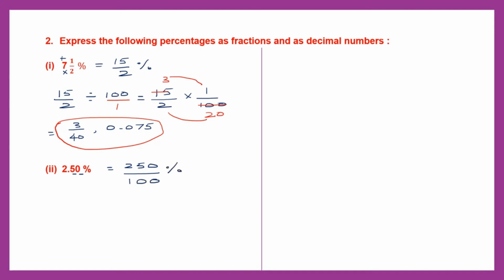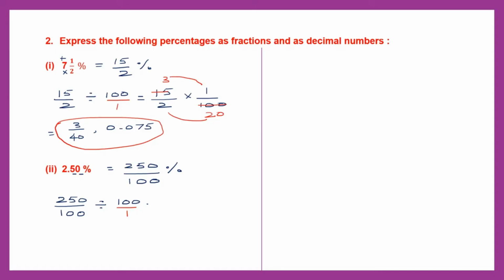This is just the question. Now I'm going to write that as 250 by 100, and I have to convert. Now this is the percentage form, so I have to make it a fraction as well as a decimal number. That means I have to divide this by 100. So we're going to consider this to be 100 by 1.